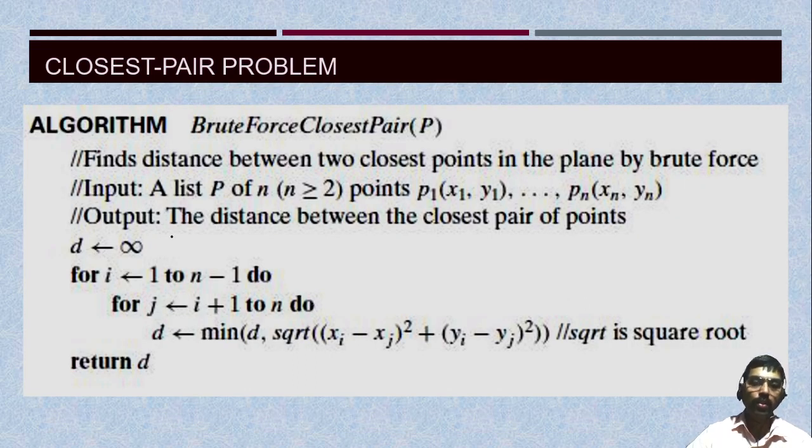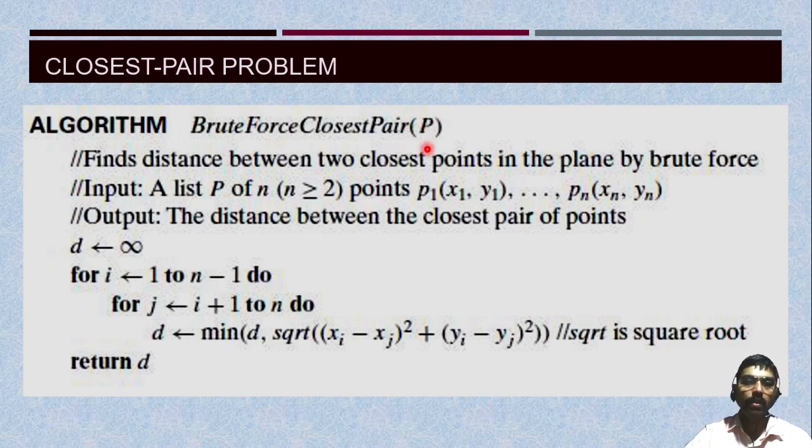The algorithm shown here is the brute force technique for the closest pair. Here it is taking the argument as points. P is nothing but the list of points, where the number of points should be a minimum of 2 points.